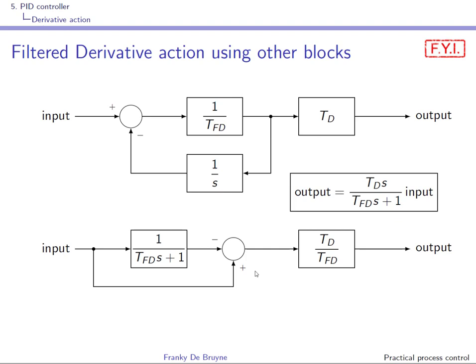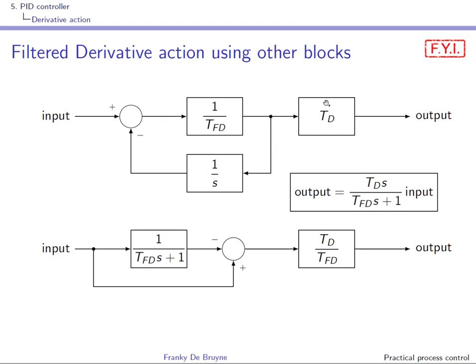We have seen that you could implement a filtered derivative action by using this discrete time implementation, this recurrence equation, and program it to obtain an FB that will allow you to reproduce this filtered derivative action. Another way to proceed is to implement the filtered derivative action as follows.